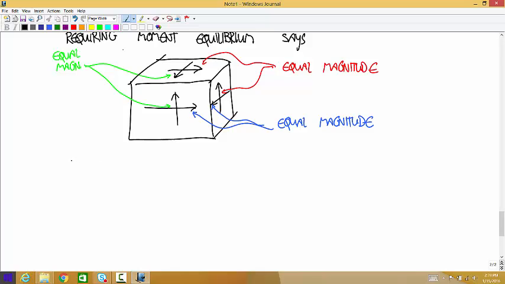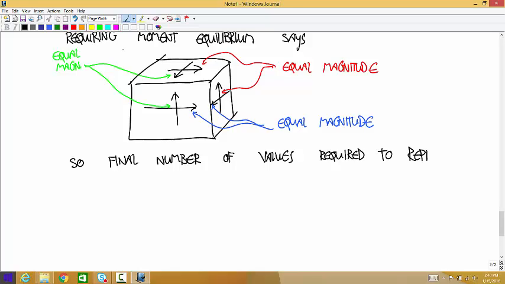So, let's see. The final number of values required to represent a state of stress is 6.